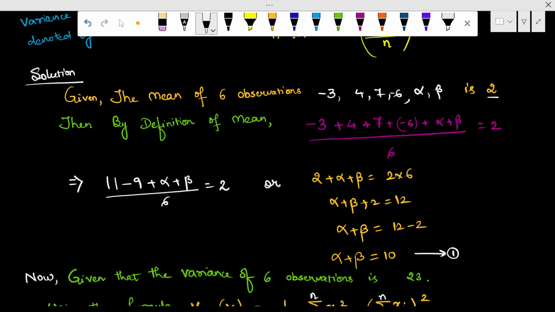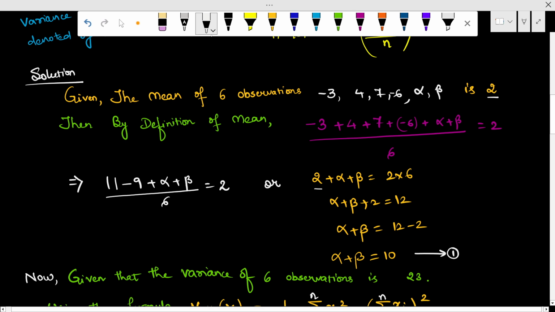We need to find the value of alpha and beta first, right? Next, we get this as alpha plus beta plus 2 is 6 into 2 by cross multiplication. Next, alpha plus beta plus 2 is 12, so alpha plus beta is 10, right?